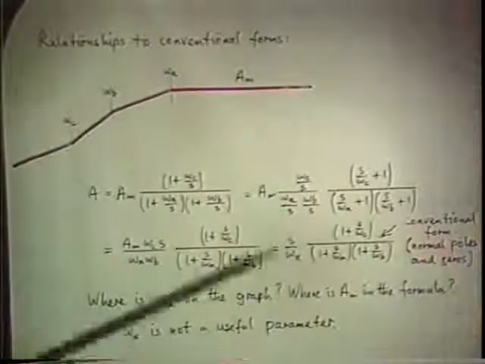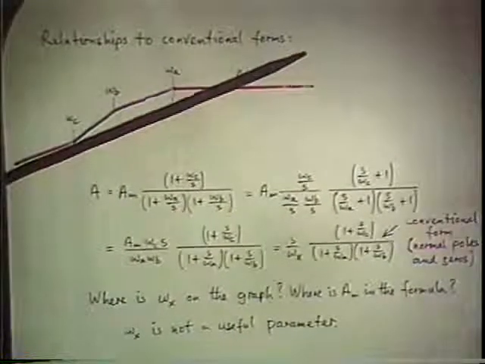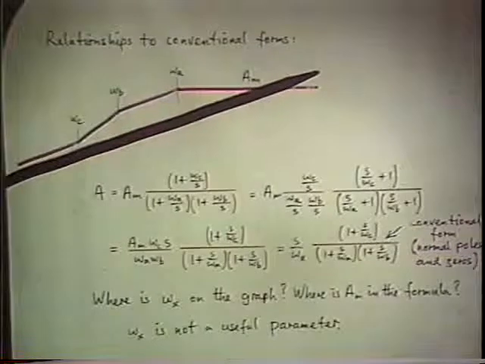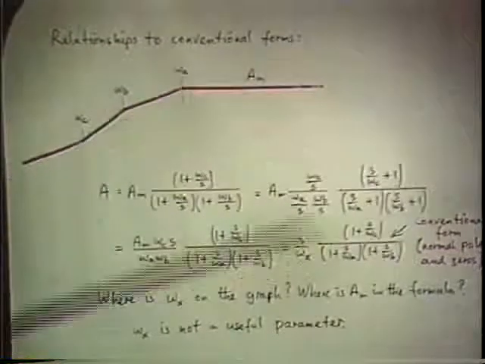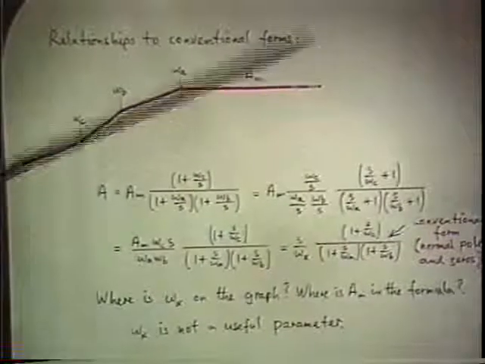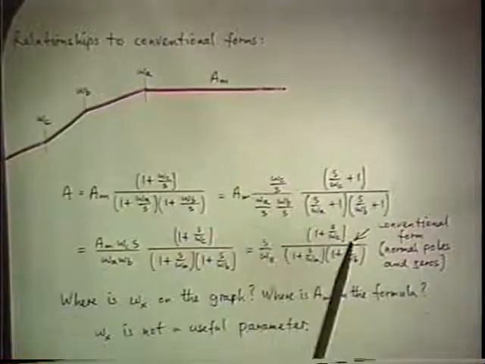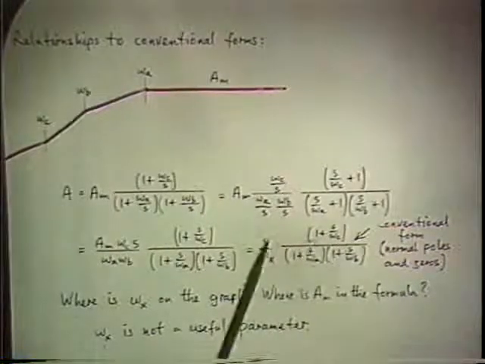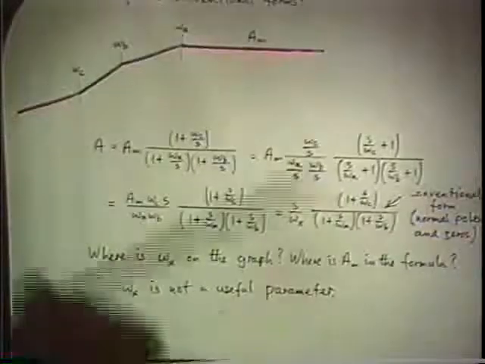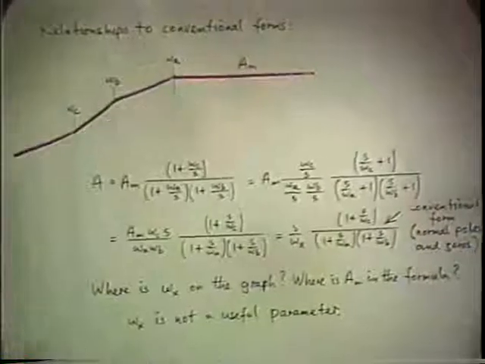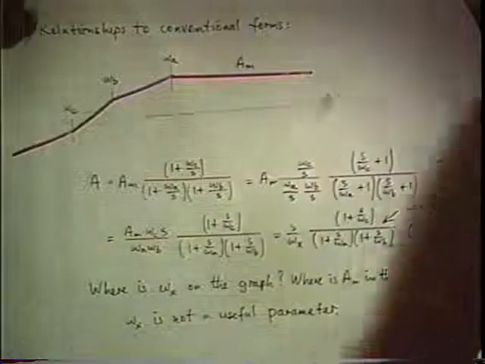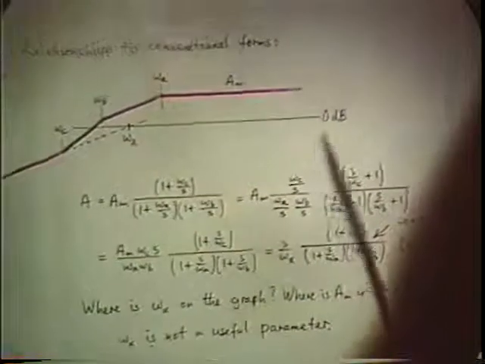Well, it's on the zero frequency asymptote. It's where the zero frequency asymptote crosses 0 dB. Because if you let S get very small, all this other factor goes to 1, and all you're left with is S over omega x, which is this slope. So where that crosses 0 dB is where omega x is.